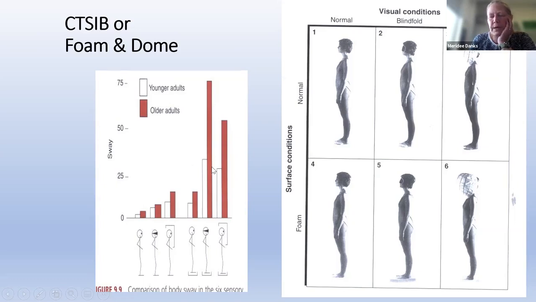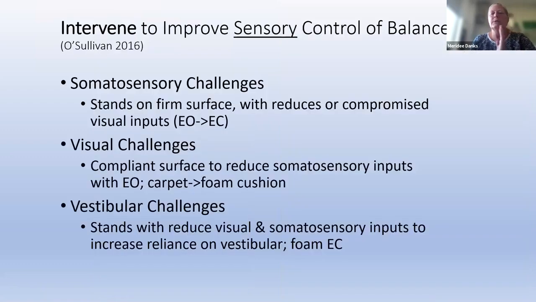And we know with aging, we get a decrease in our visual capabilities, we get a decrease in our sensation. We also get a decrease in our vestibular system. We get a decline in the hair cells in the inner ear that impacts our vision. So what do we learn from doing this clinical test of sensory imbalance? Maybe we know where to target our intervention.